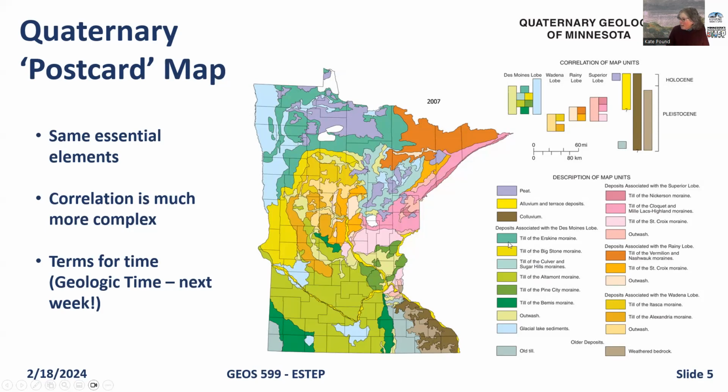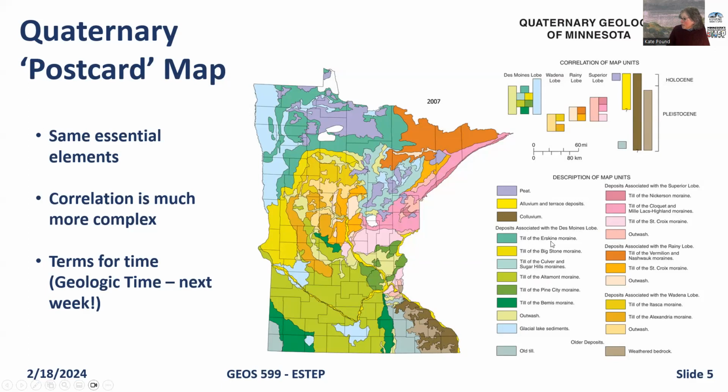And they deposited sediments. And for reasons we'll get to later, the characteristics of each of these, or the sediments associated with each of these ice lobes is somewhat different. The physical area or geographical area that those lobes crossed is also different.